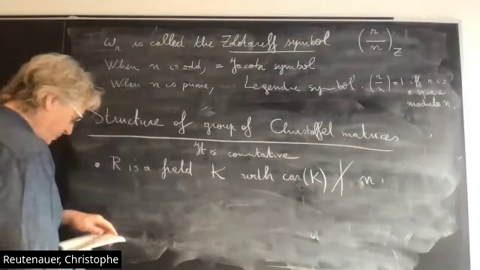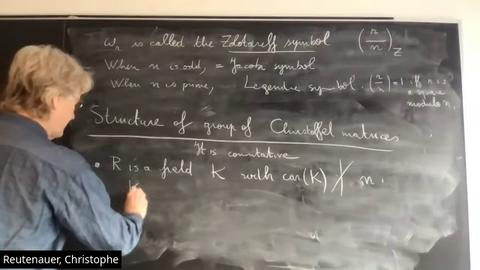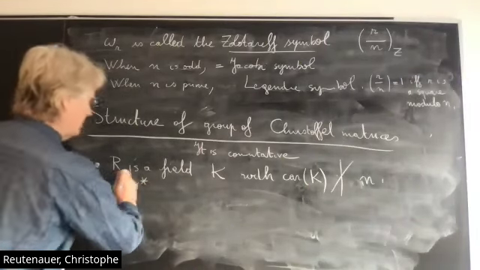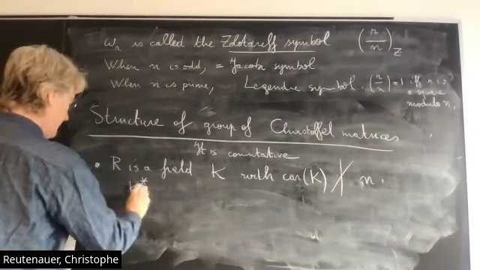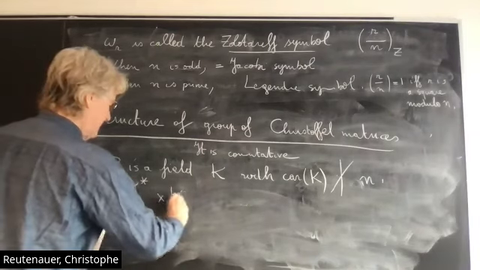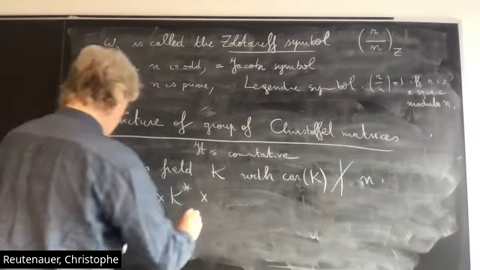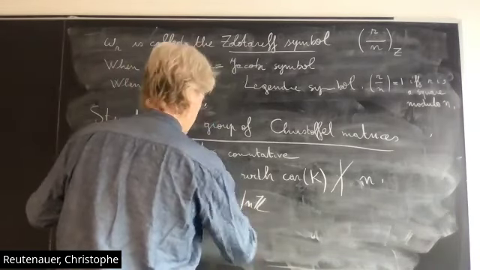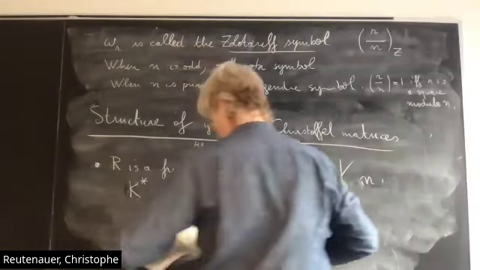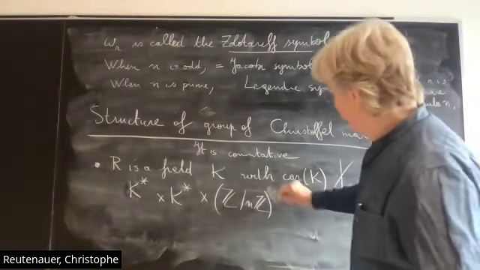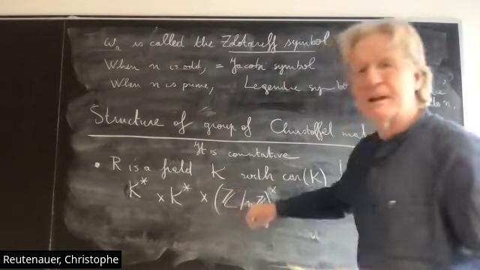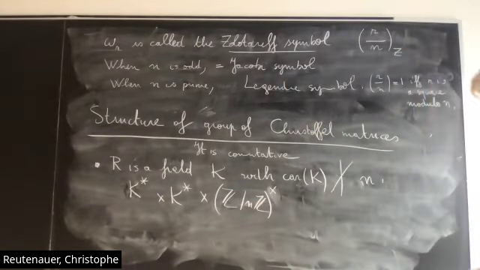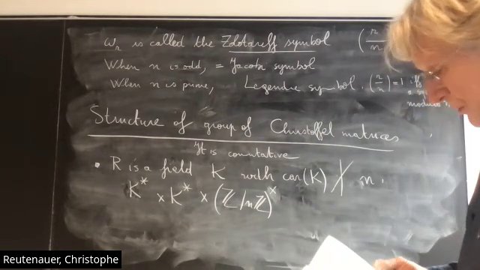Then the group is very easy. The group is K star by the group of invertible elements in the ring Z of nZ. So it's a rather easy group.